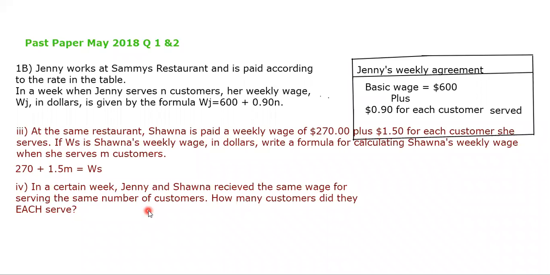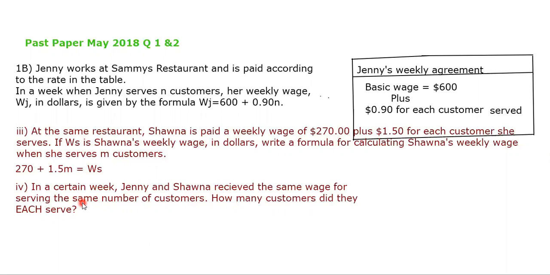First thing, what are you given? That's the thing that we need to get in our minds. Now, the key term, let us read the question once more to see if we get a better understanding of what the question is actually saying to us. Now, in a certain week, Jenny and Shauna received the what? The same wage.